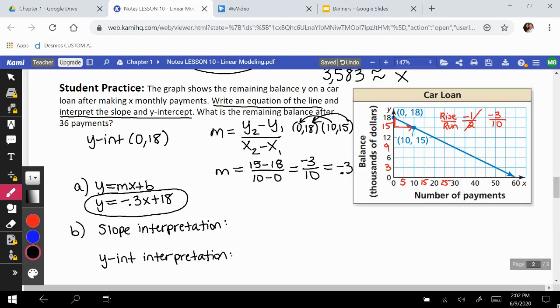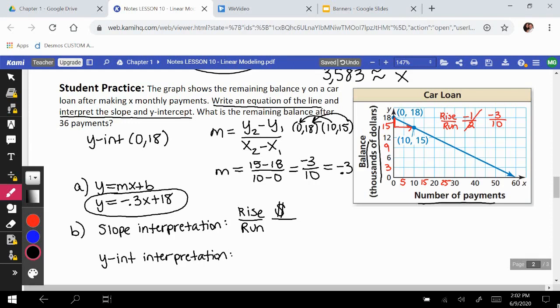So what does the slope mean? Remember, slope is rise over run. So let's look at our axes here. What is the rise? That's the balance in thousands of dollars. So we're going to say that it's money, the balance. And what's the run?